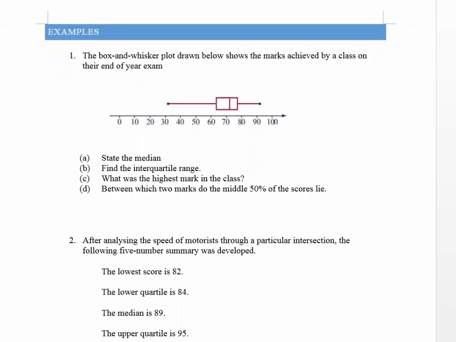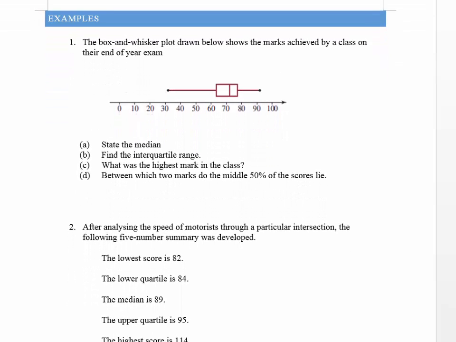So here is an example of a box and whisker plot, and it says here, state the median. Well, here is the median here. It's drawn on there in this case for us. It's nice and simple. The median, which we know is Q2, looks like it's around about 71. Find the interquartile range.